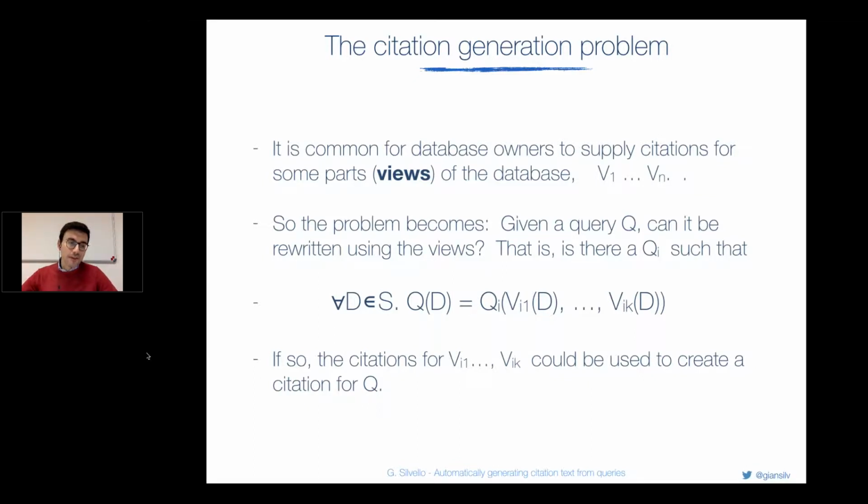For RDF data, views are defined, for instance, using named graphs, or those sets that you saw for classes. Here, views are defined as queries. So a view in a database is basically an SQL query, or a Datalog query, whatever.